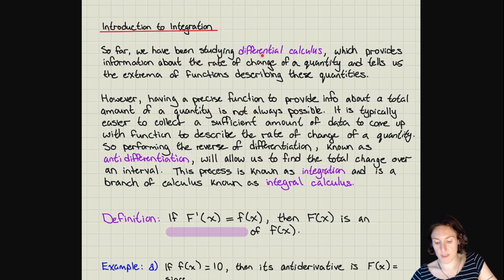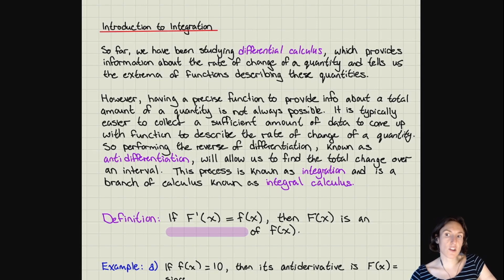So far, we've studied something called differential calculus, which gives us information about the rate of change of a quantity and tells us information about the extrema of a function. Now, having a precise function given to us to provide information about the total amount of some quantity isn't always possible.